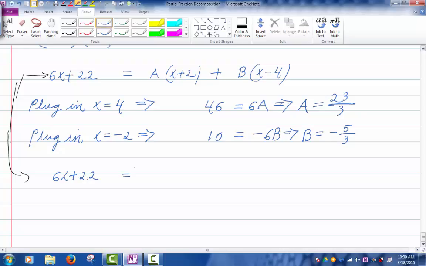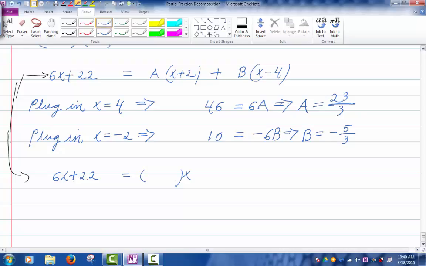On the right hand side I'm basically going to multiply out everything and collect like terms. Is that making sense? What's the highest power of x you're going to get on the right hand side? x, right? So what's the coefficient of x? Can someone tell me what's the coefficient of x?